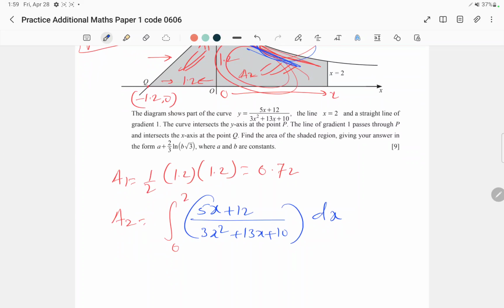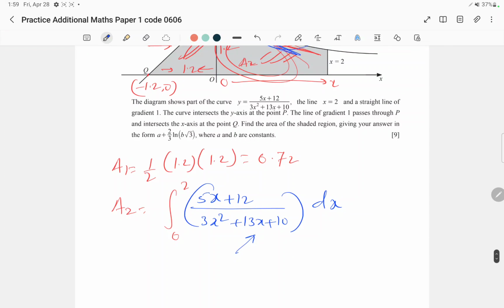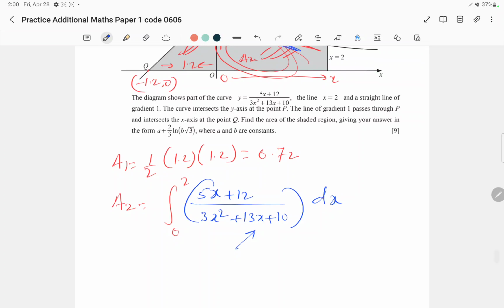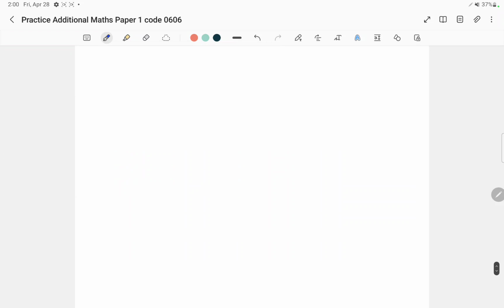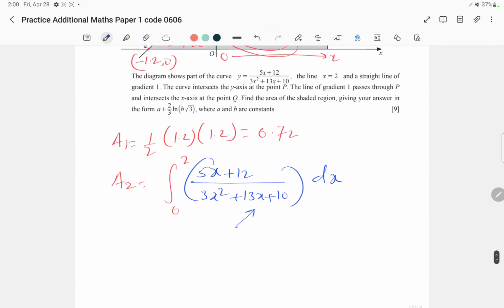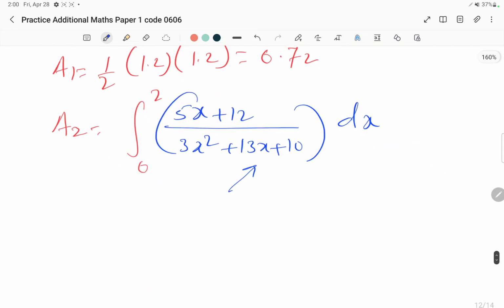So somehow we have to integrate this part. Now how can we integrate this? This is very, very important stuff. Is there space available? Yes, it's available, because it might be a long question. So A2 is 0 to 2.